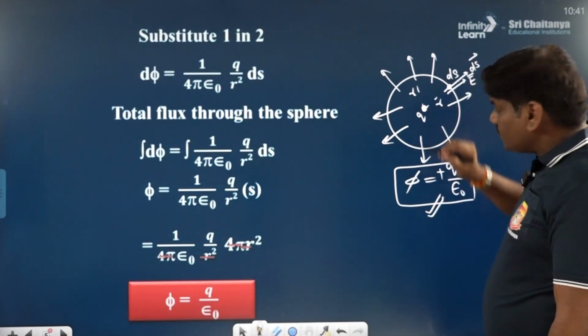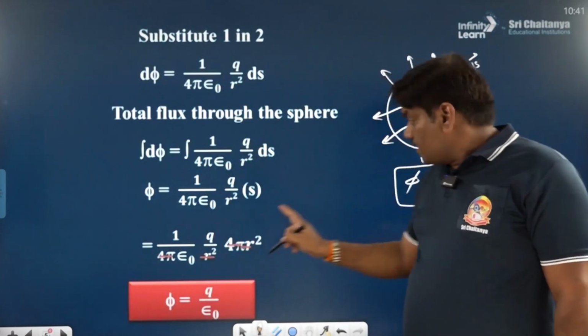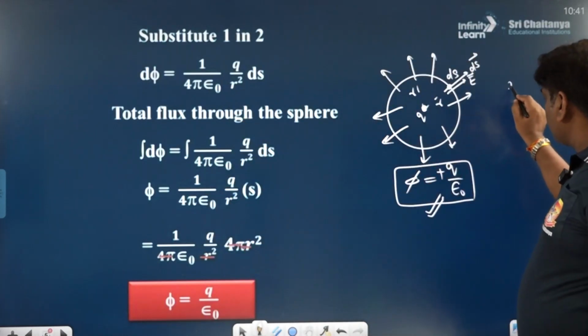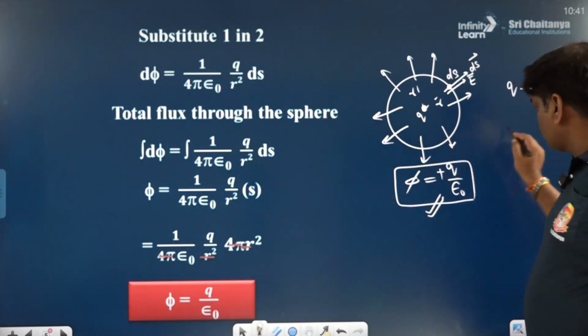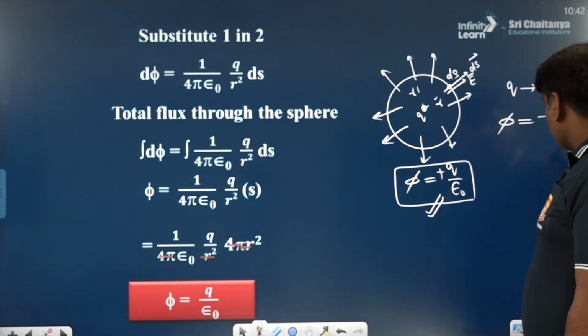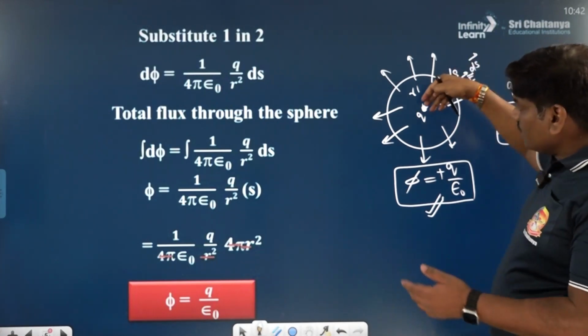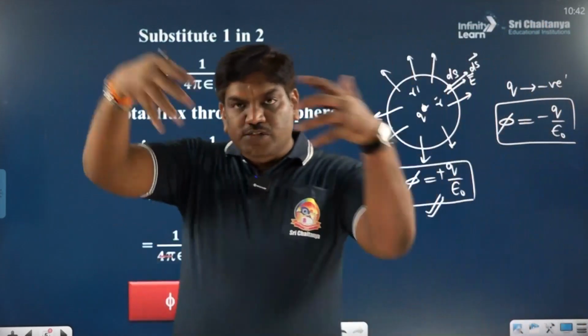If it is a negative charge, the entire expression will change with the negative sign, q becomes negative, and by the same process we get the flux as minus q by epsilon naught. And why do we get this minus sign? Because in that case all the field lines are actually entering the spherical surface.